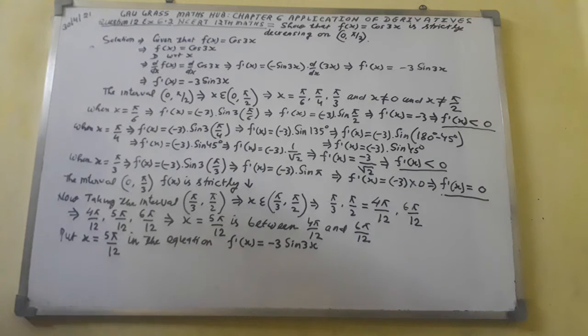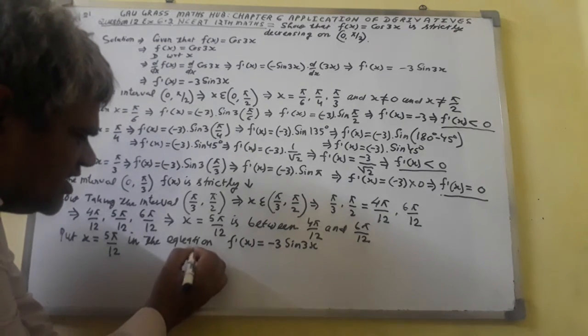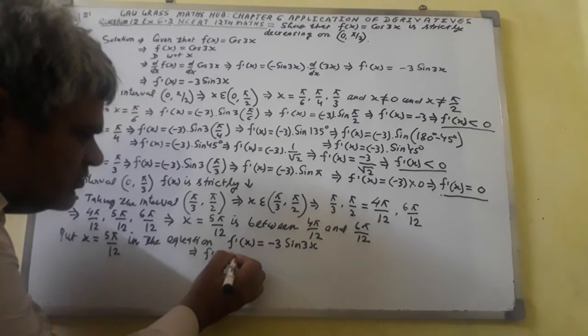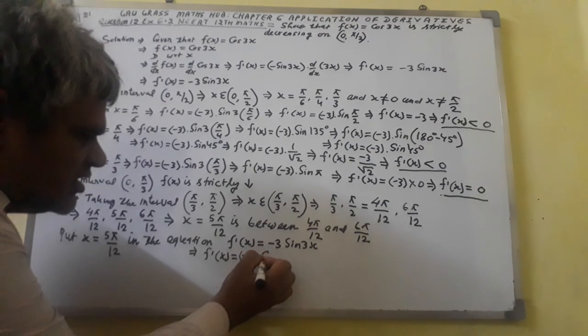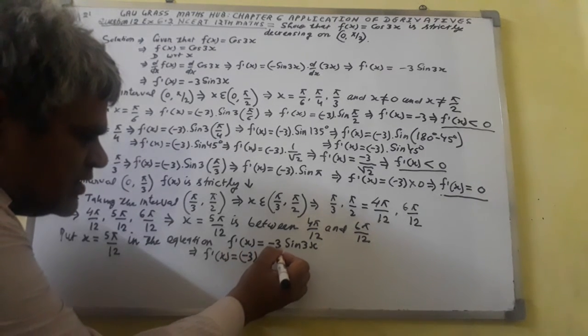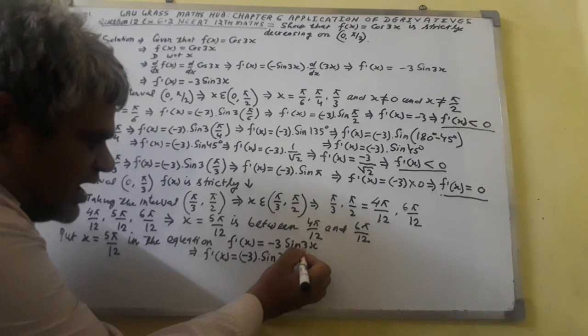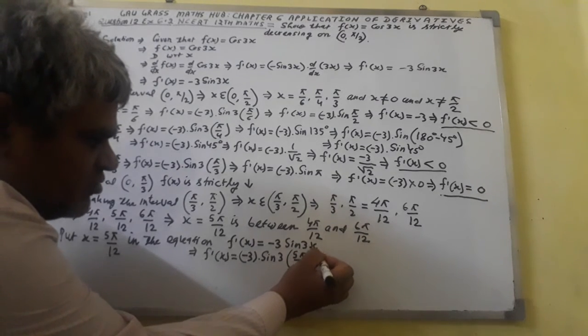See the result here. Here I shall write f dash of x equal to minus 3 dot sine 3. In place of x I shall write 5 pi over 12. Let us see what result will be.